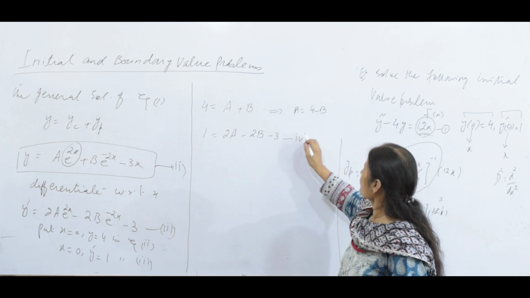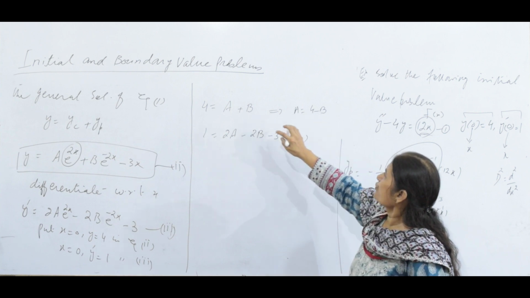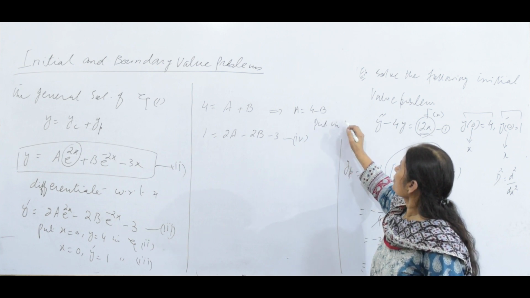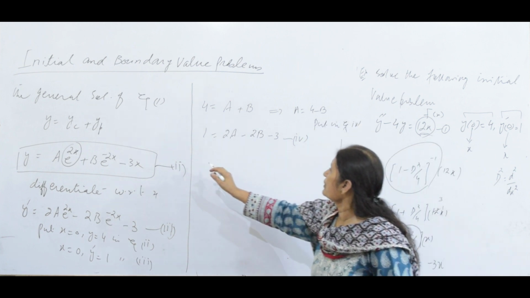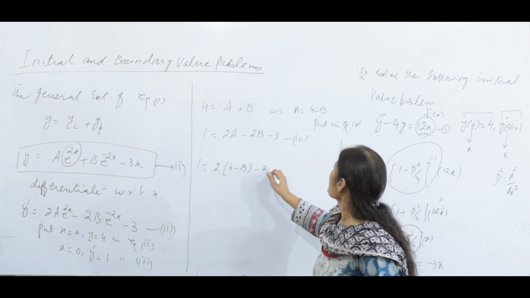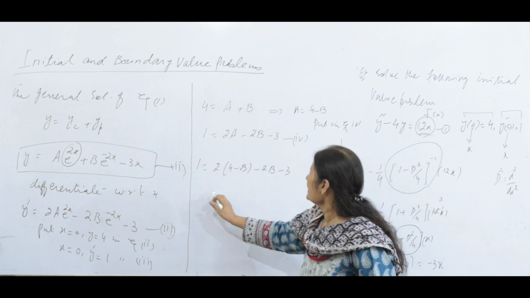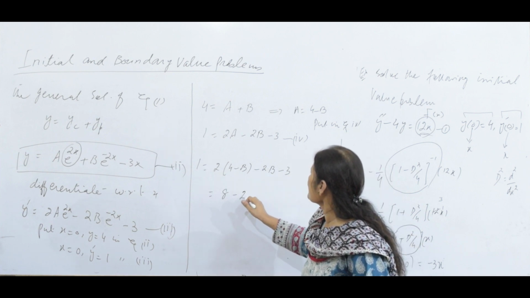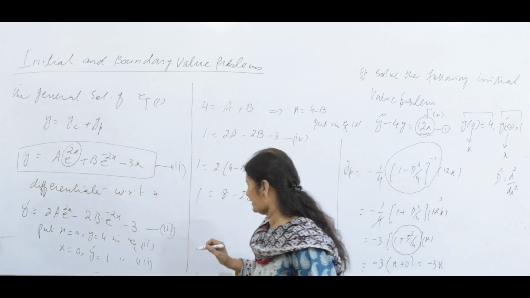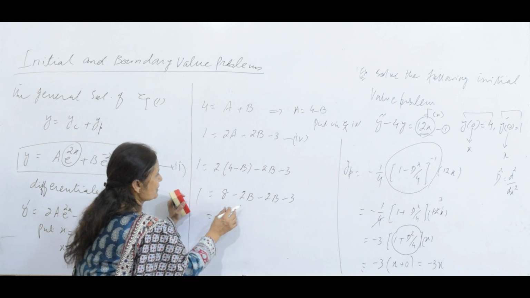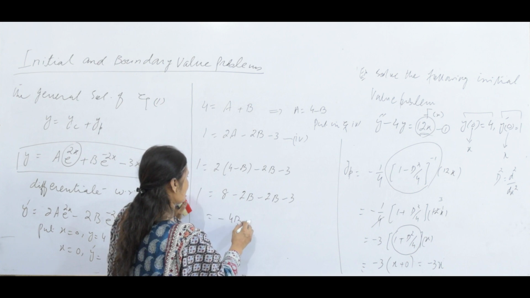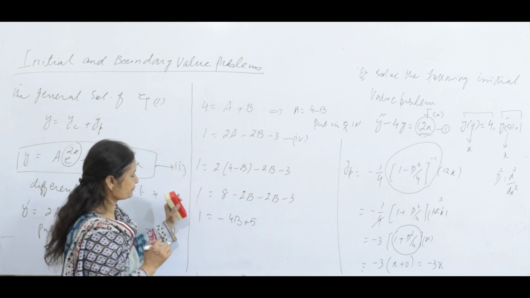Let me call this equation 4. Put a is equal to 4 minus b from here in equation 3: 1 is equal to 2 times (4 minus b) minus 2b minus 3. Let me solve. 8 minus 2b minus 2b minus 3 is equal to 1. So minus 2b minus 2b is minus 4b, 8 minus 3 is plus 5, equal to 1.